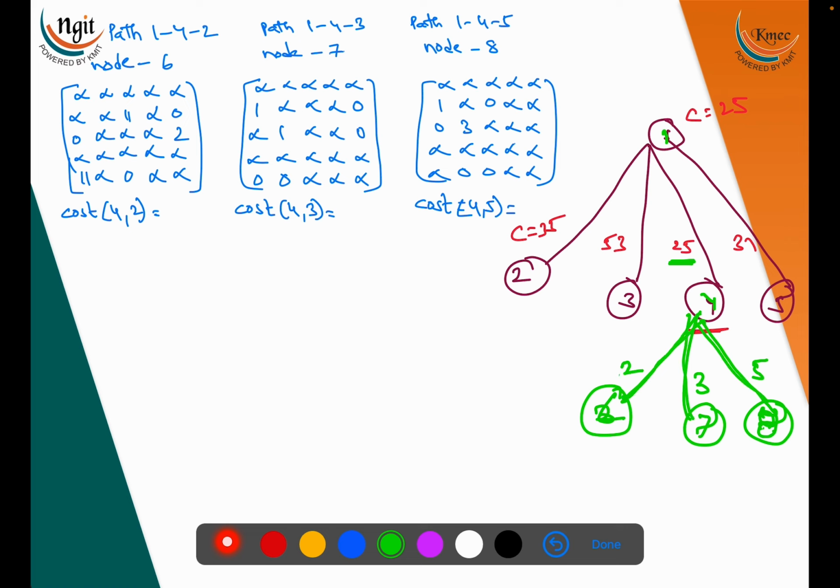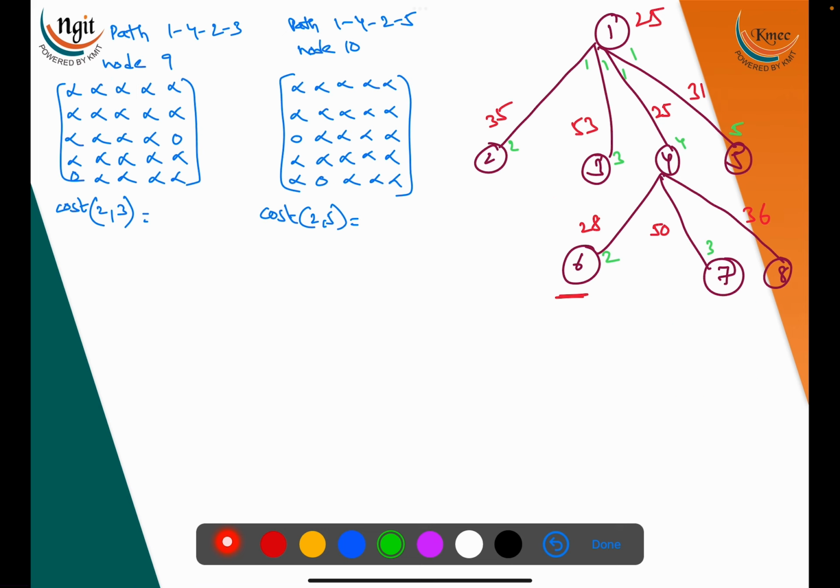For 4 to 2, you have to make the first, second and fourth infinite. Apply the same procedure and you will get a cost. Now these are the costs: 28, 50, 36. Which is minimum? 28 is the minimum.